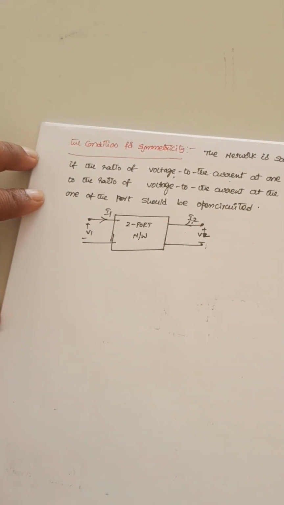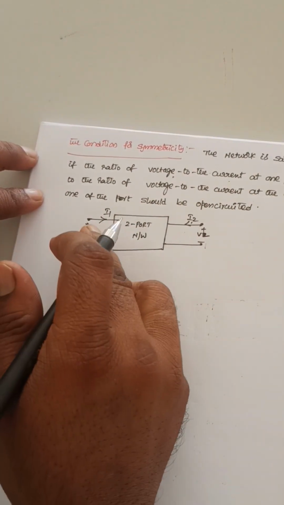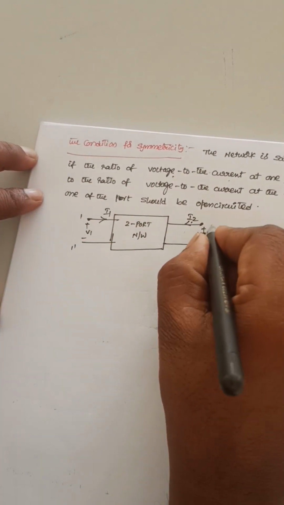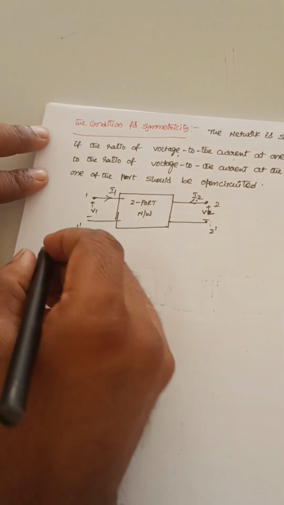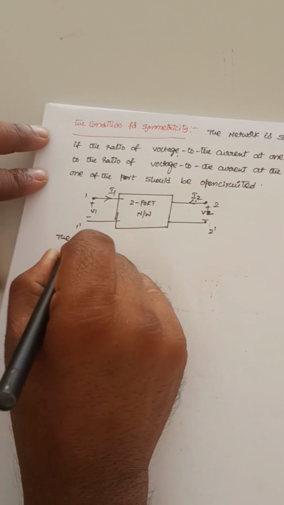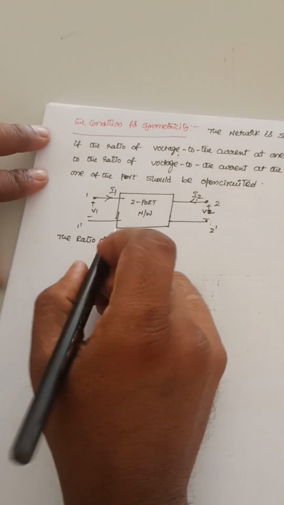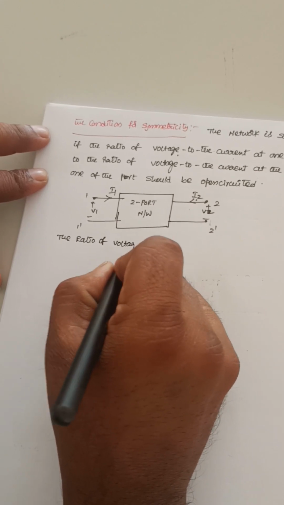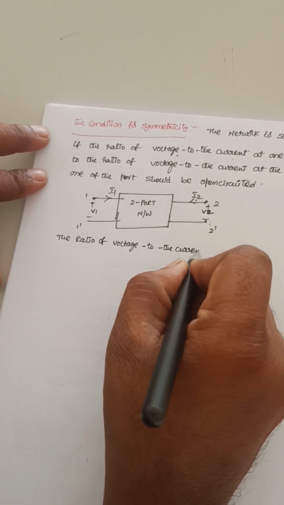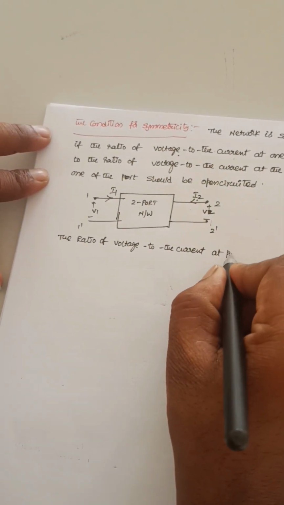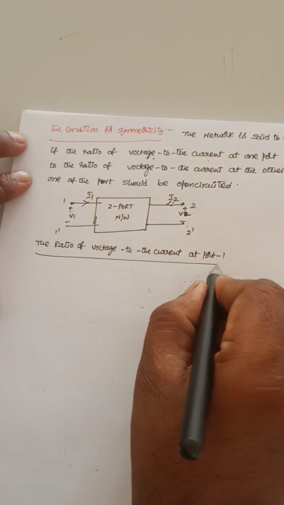So first I am going to draw the diagram to find the ratio of excitation to the response at port 1. This is what I am going to calculate here.